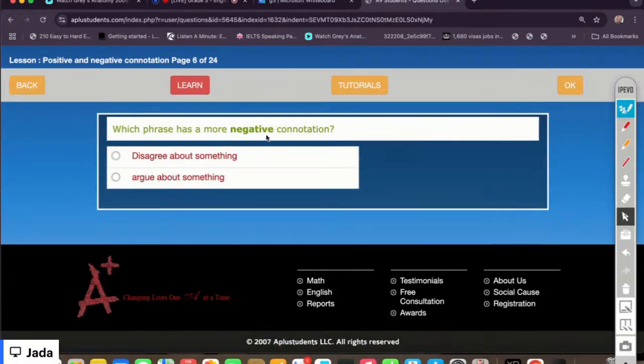Then we have, which is negative: disagree about something or argue about something, which is more negative?